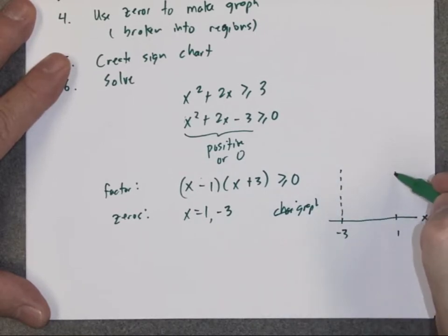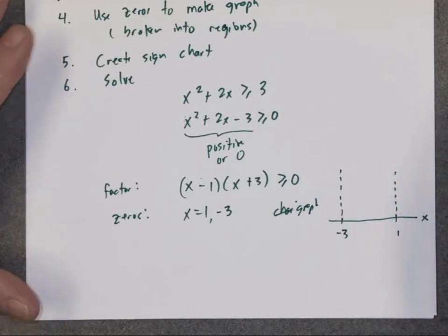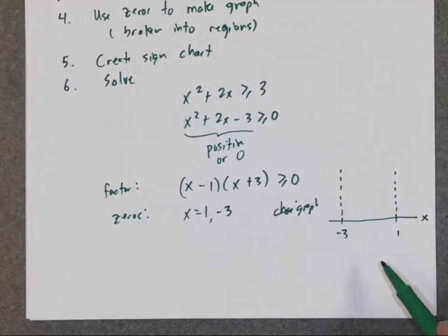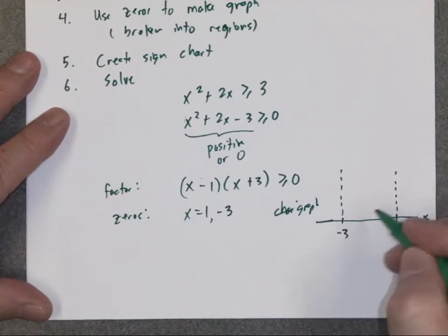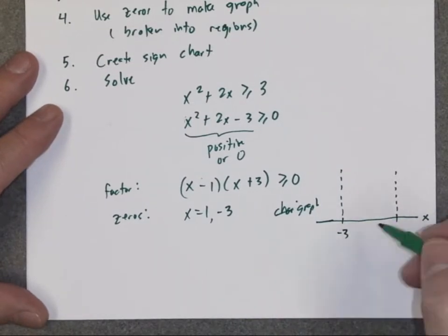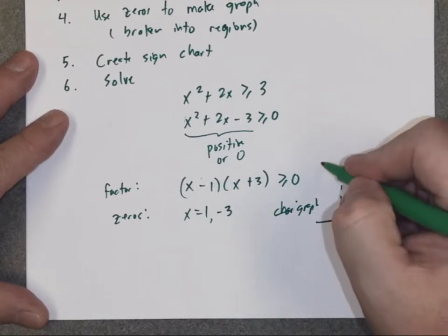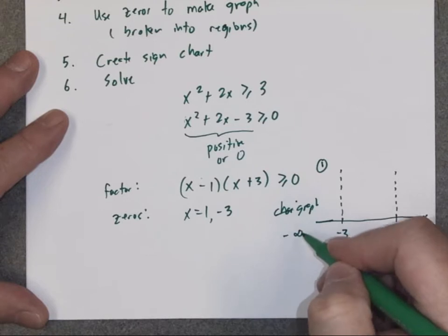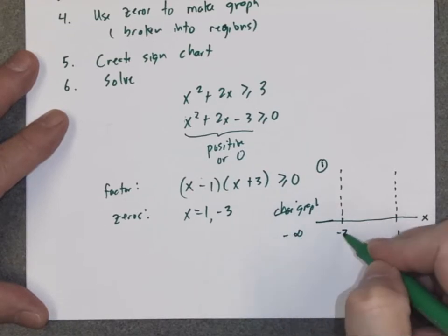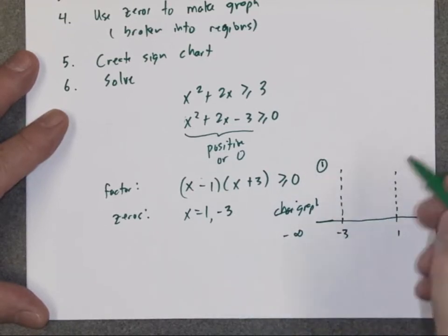And you notice what I do is, at each of those values of x, I sort of draw these dashed lines. What I'm actually doing is breaking this number line or this graph up into regions. In other words, I'm going to call this region 1, which, if I look at my number line, from -infinity to -3, this is region 1.